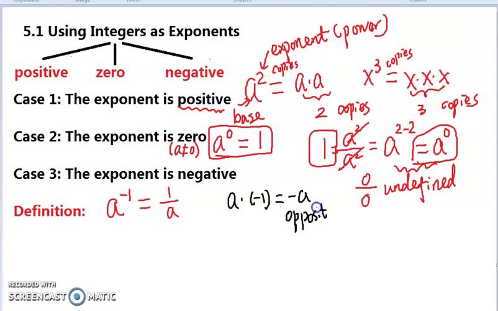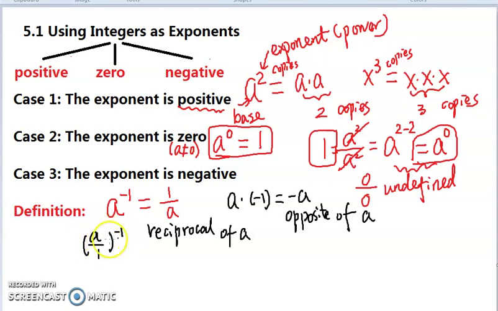Negative sign in front of a is called opposite of a. But 1 over a is called reciprocal. The reciprocal of a means we flip a. So when a is raised to -1, we can treat a as a over 1 raised to -1.